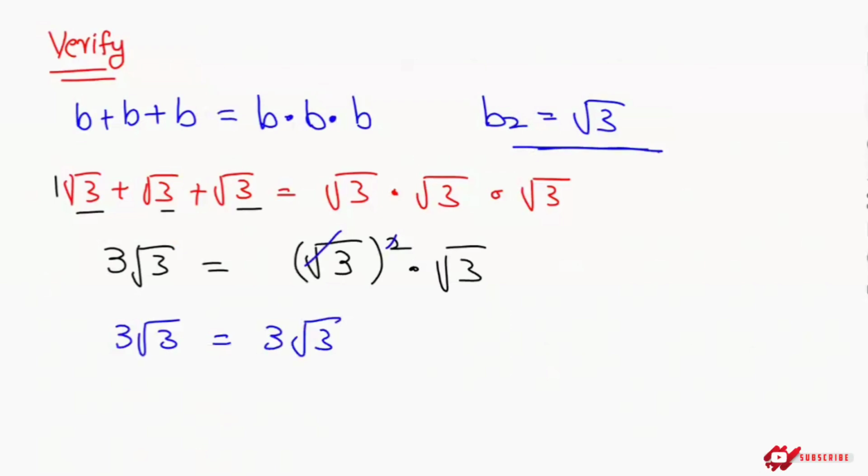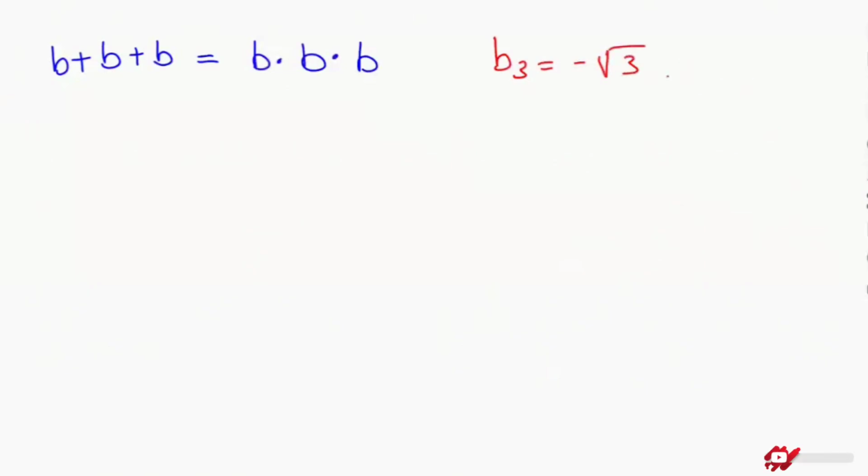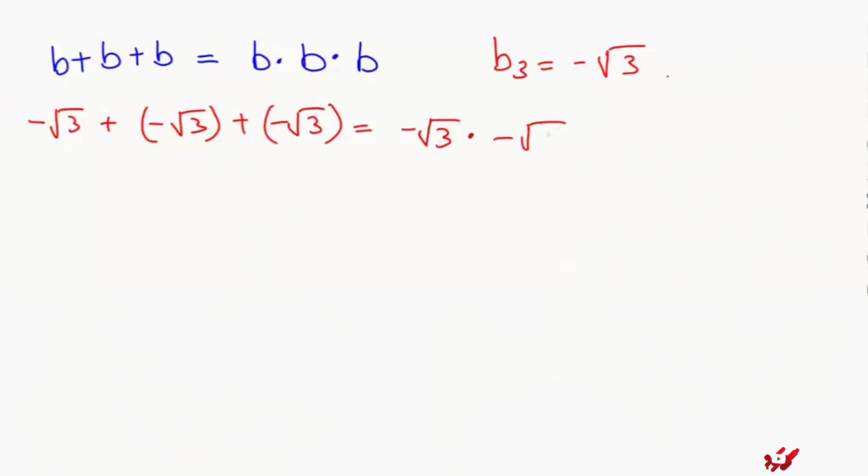Now I'm going to verify my b3 value. The b3 value we have is negative root 3. So negative root 3 plus negative root 3 plus negative root 3 is equal to negative root 3 times negative root 3 times negative root 3.